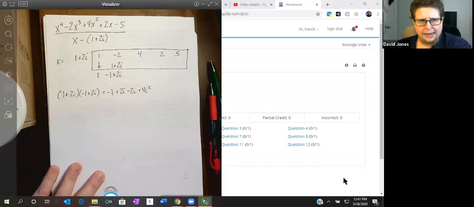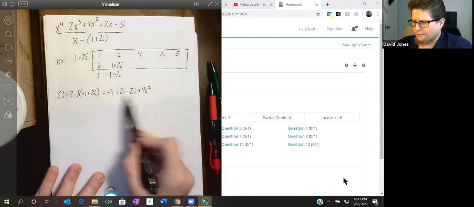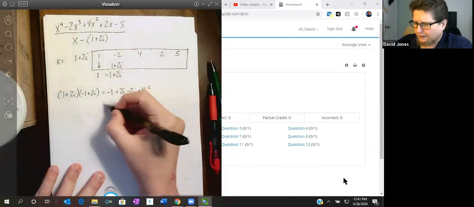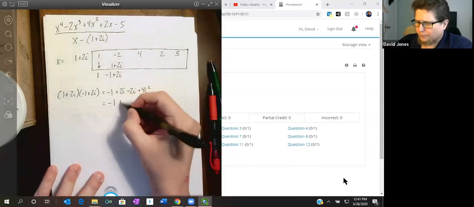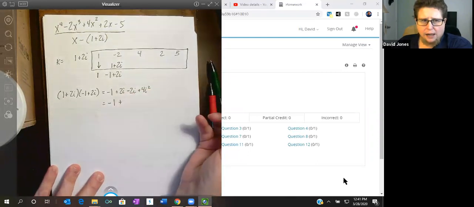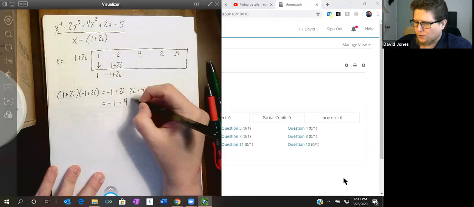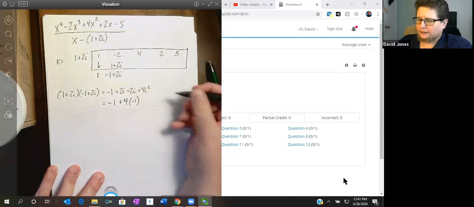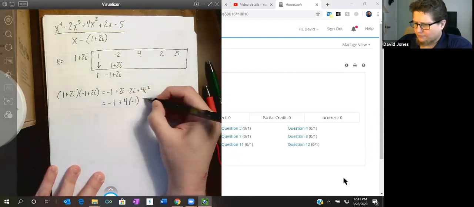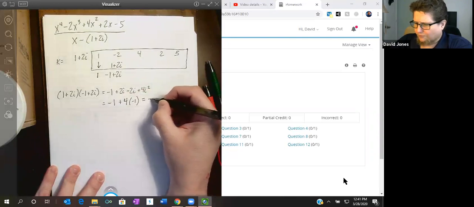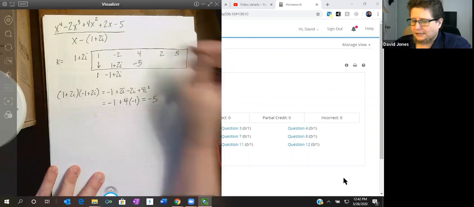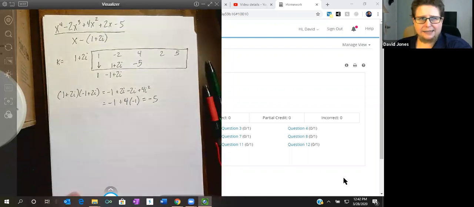Well, that looks kind of handy, doesn't it? 2i minus 2i, they cancel each other out. I got -1 plus 4i squared. What did i squared equal? Hopefully you remember, i squared was -1. So my result here is -1 plus 4 times -1, which is -5. And I lost my i's. I didn't have any i's in that step.